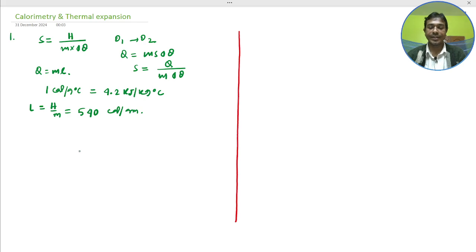The latent heat of fusion is H/M = 80 calorie per gram. You should just know these values. Next, thermal expansion.